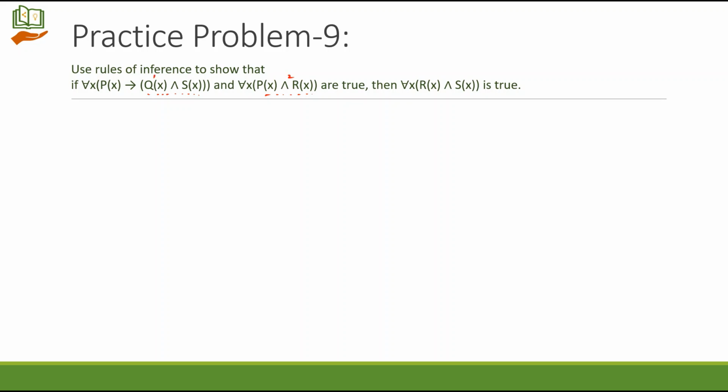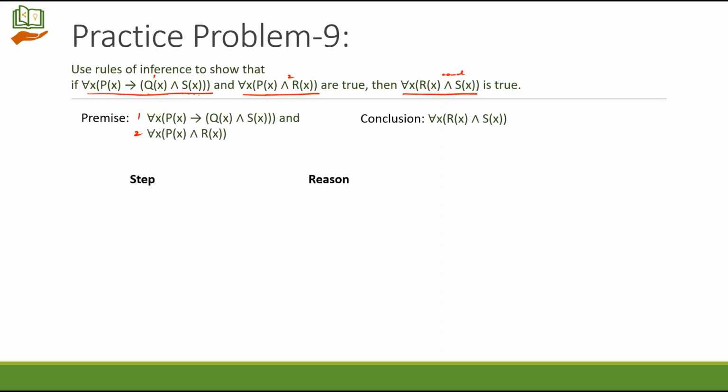Then for all x, R of x and S of x is true. This is the conclusion part. We have to start with the steps. Let's get on with the premise P of x and R of x first. That is, we'll start with premise 2. So you can ask me why we are picking this premise. Maybe the conclusion has the R predicate first.